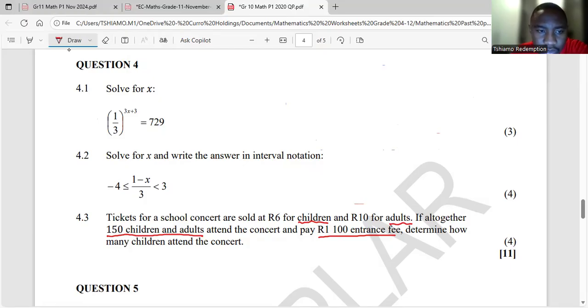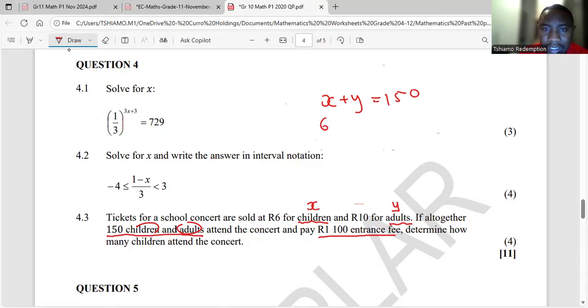We're going to assign variables firstly. Let's say children is X and adults is Y. The first equation I'll set up is X plus Y equals 150, because the number of children and adults put together is 150.